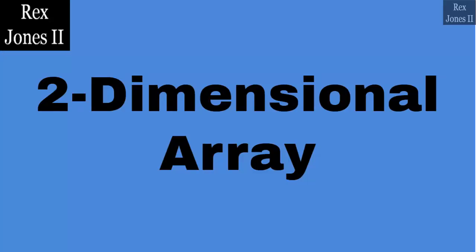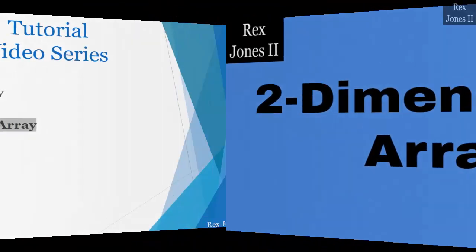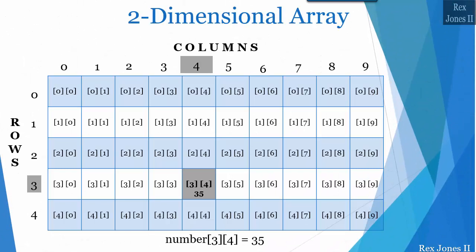Next is two-dimensional array. A two-dimensional array is like a matrix. We see rows and columns that can be labeled like 3, 4 inside the square brackets. First dimension 3 represents the row, and second dimension 4 represents the column.